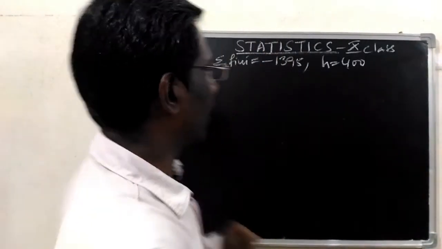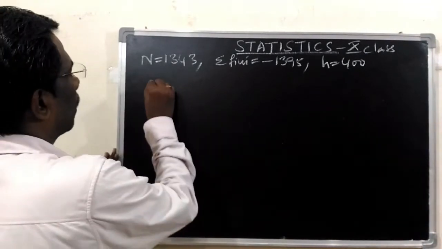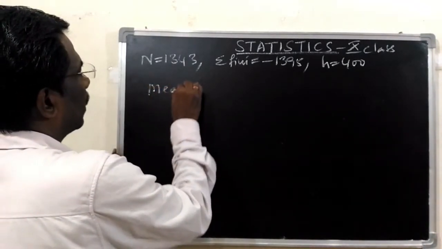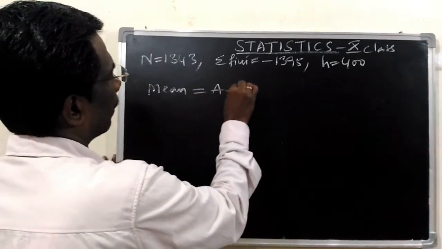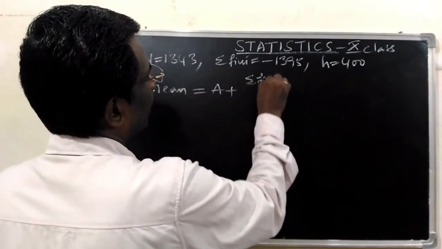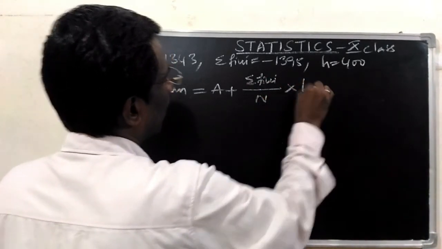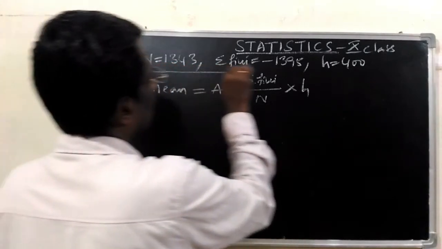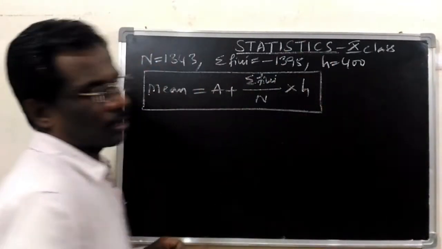Now I am writing the step deviation formula of the mean. Mean is equal to A plus sigma Fi ui by n into h. This is the formula of step deviation of mean.